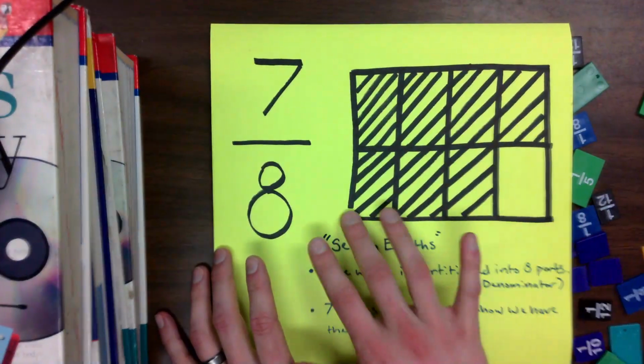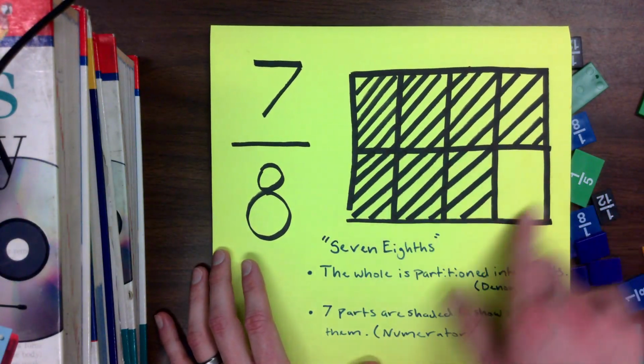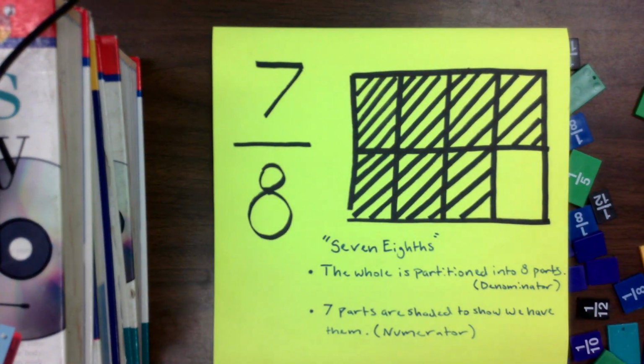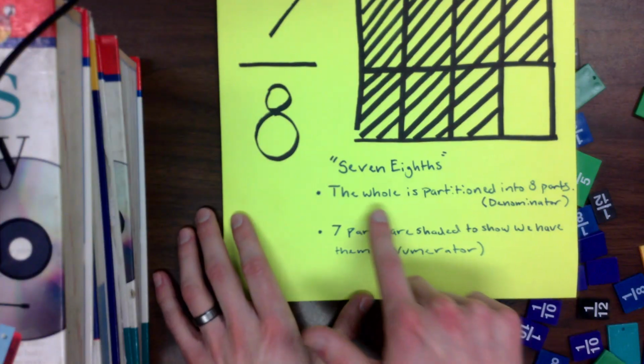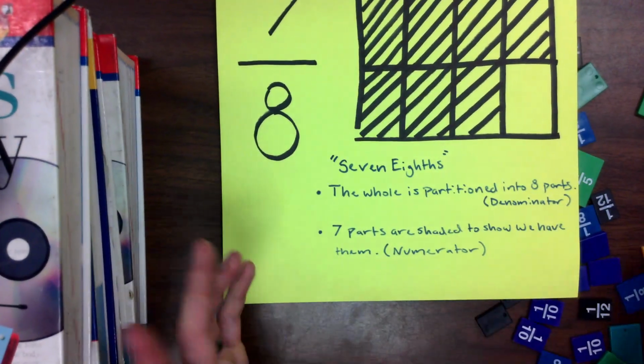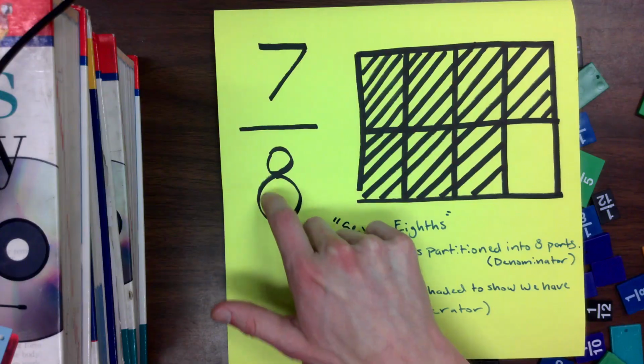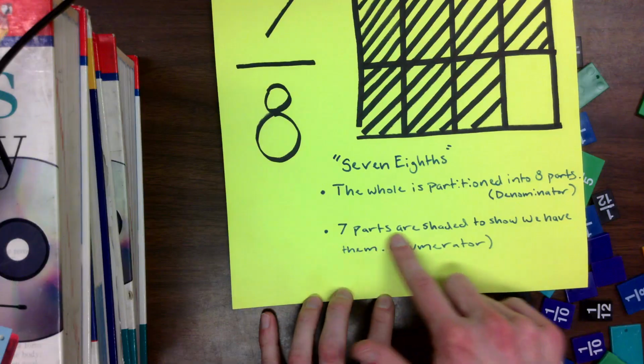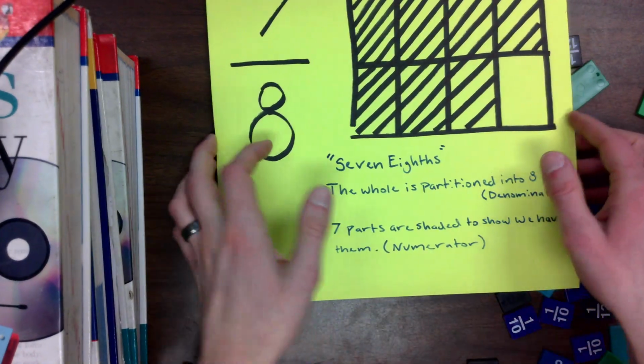So we need to leave this in when we're drawing so that we know how many there are supposed to be in our whole. But we shade the ones that we have. So the whole is partitioned into 8 parts. The denominator represents the 8 altogether for the whole. 7 parts are shaded to show we have them. That's our numerator, so 7/8.